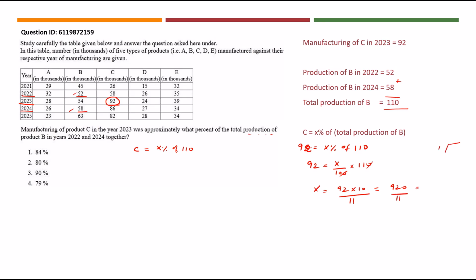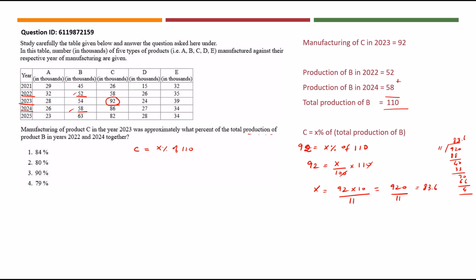So just have a division here. 11 8s are 88, we have 40, 11 3s are 33, we have 70, 11 6 are 66, we have 4. So let's stop with one decimal point because they have given after rounding only. So this will be 83.6.